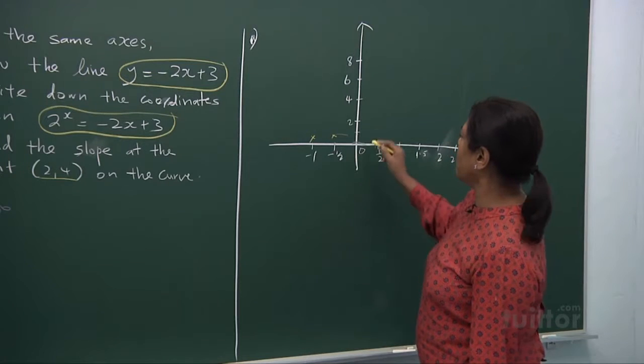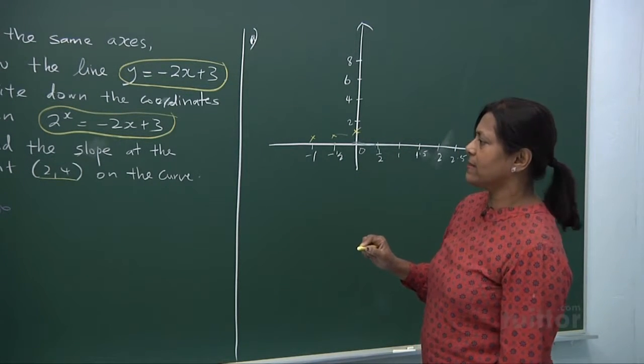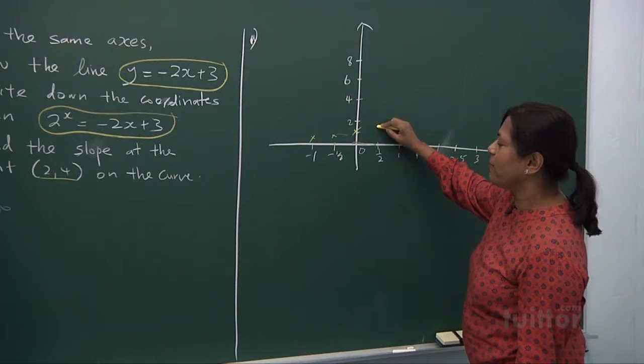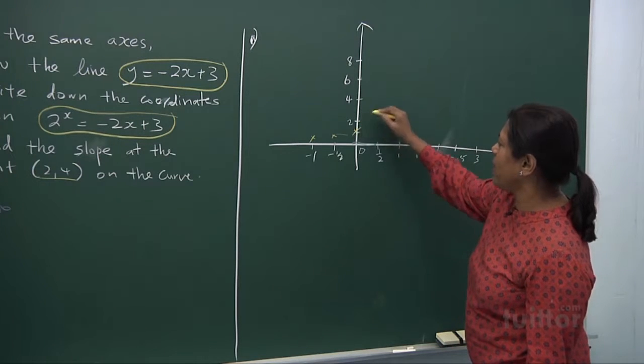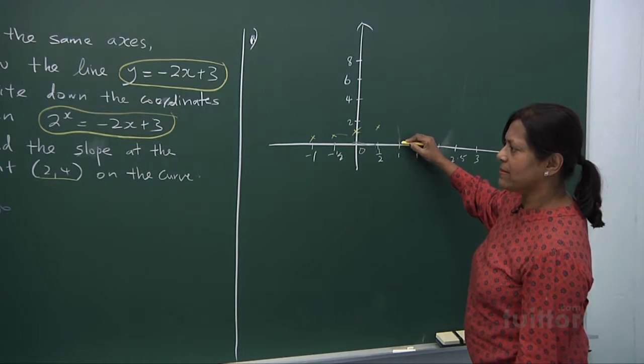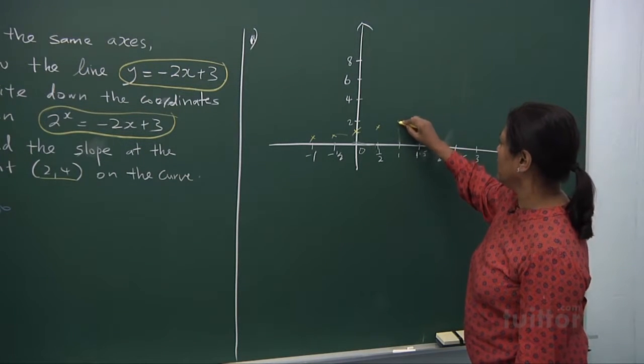When x is 0, y is 1. When x is half, y is 1.4, between 1 and 2. When x is 1, y is 2.